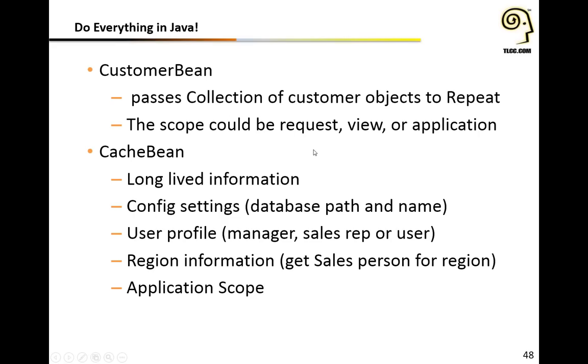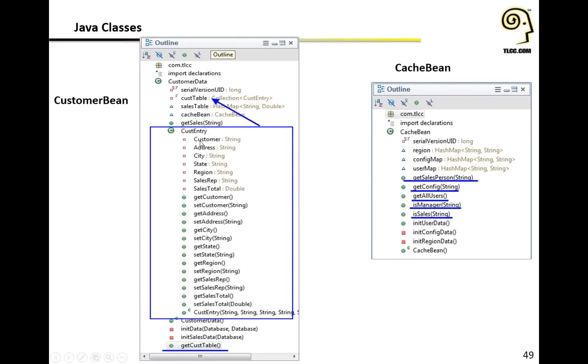The job of the customer bean is, instead of tying the repeat to a Domino view, we tie the repeat to the customer bean. And the customer bean did all the work of figuring out the sales total and getting the address and the city and the state and getting the salesperson's name. So in the customer bean, we have a bunch of get and set objects to get the customer, the region, the sales, all that stuff that we then stored in the customer table, and then we just pass that in our repeat.